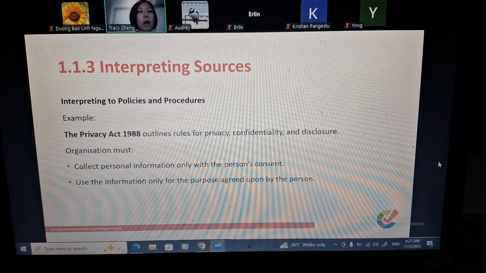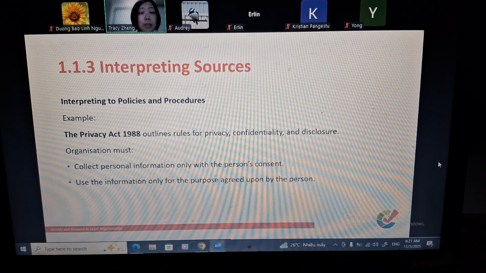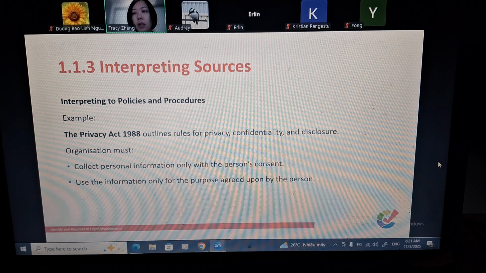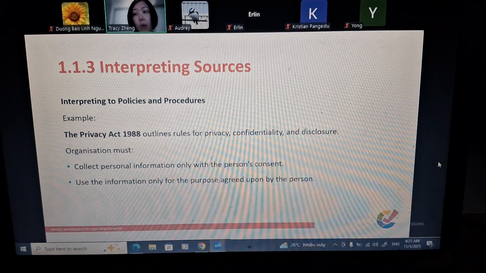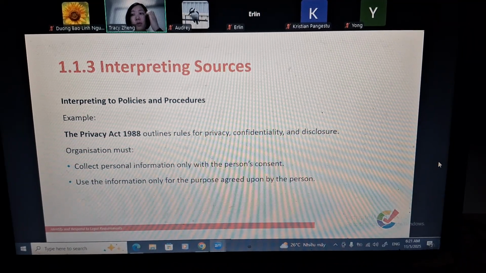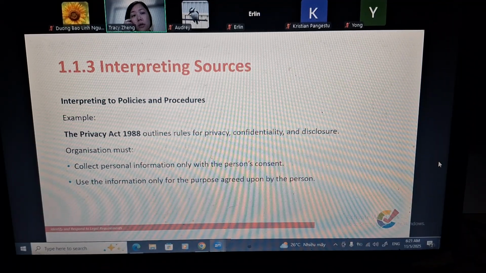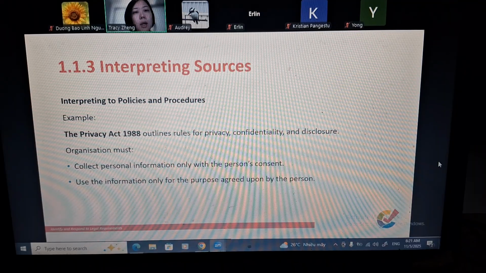And also, after you get that information, we do need to start interpreting and understanding those sources. Here I'm giving you some examples. You may check many different sources of legal requirements information, but if you don't understand, it means it's pointless, right? So it is important for you, when you're checking that information, how do you understand it?